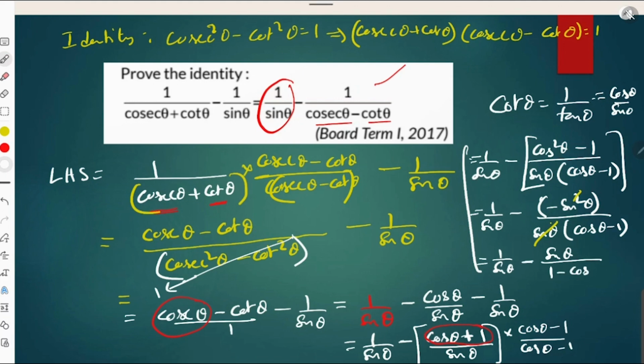So if you divide with sine theta in the numerator and in the denominator, this is the next step and the final answer. The numerator becomes 1 by sine theta as the first term, and sine theta by sine theta is 1. 1 by sine theta is cosecant theta, minus cos theta by sine theta, which is cot theta. So this is what the RHS is.